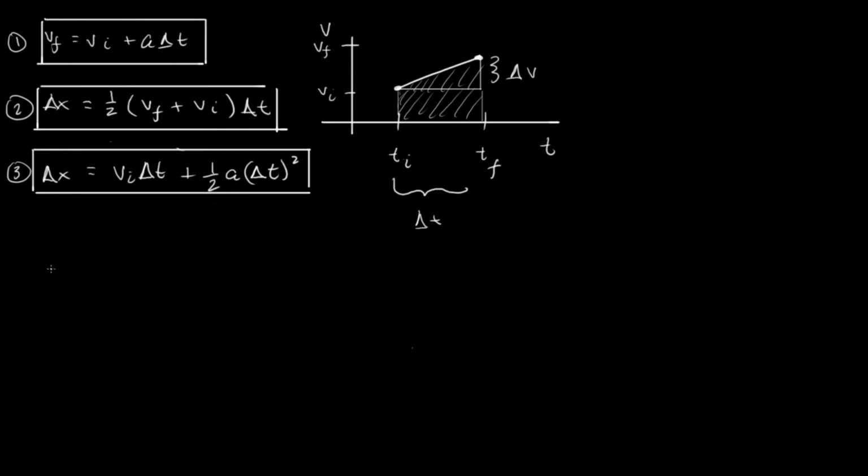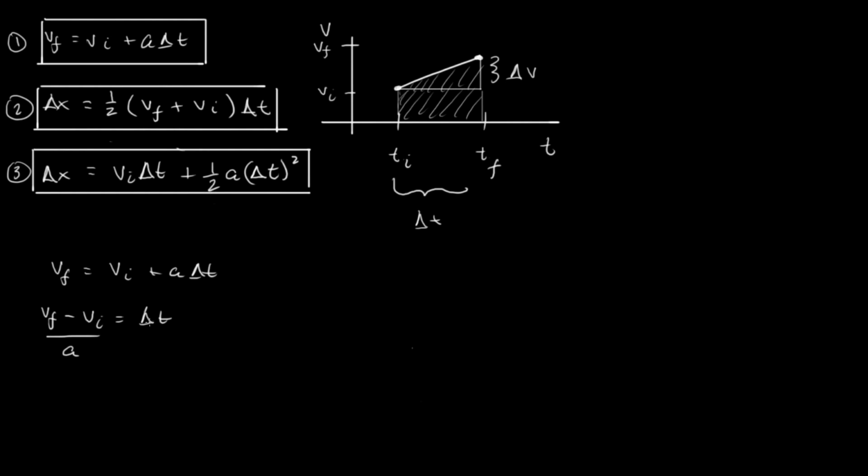We'll start with equation 1, and we're going to move the v sub i over to the other side. V sub f is equal to v sub i plus a delta t. We're going to isolate the delta t so that we get v sub f minus v sub i is equal to a delta t, so delta t is v sub f minus v sub i, all over a.